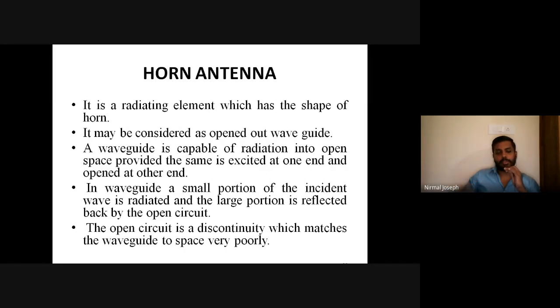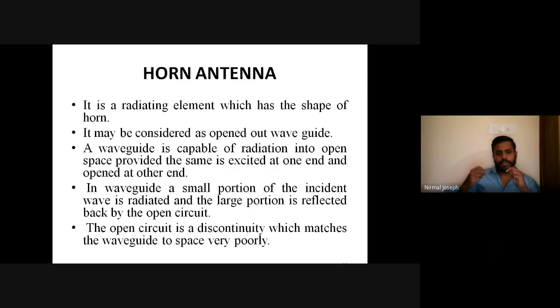That is the problem with open circuit. From that particular point onwards, from waveguide to space, there is a sudden change, a sudden variation in the resistance, or impedance. So the wave will reflect. That should be avoided.